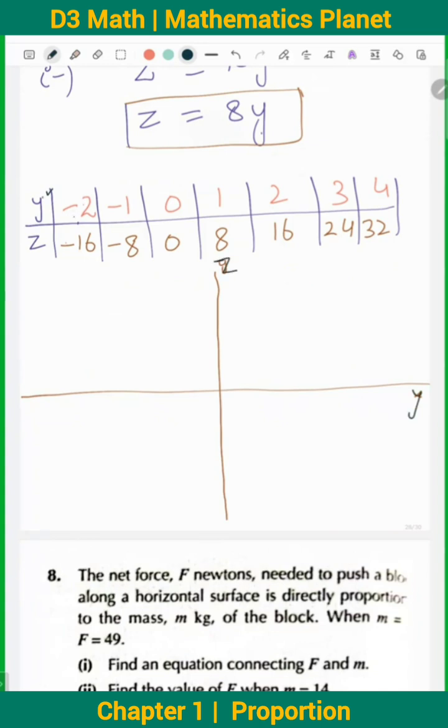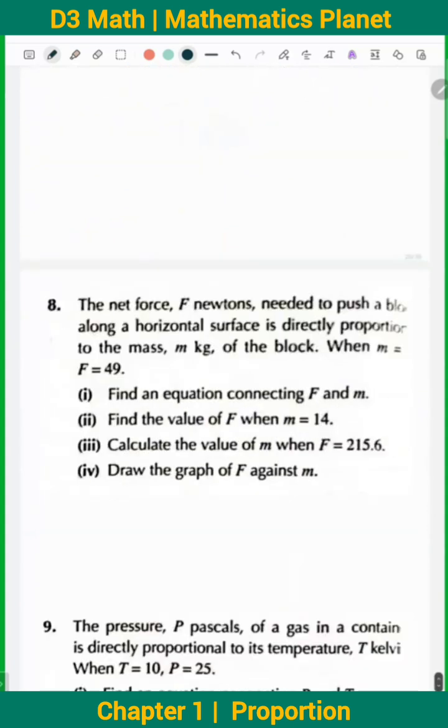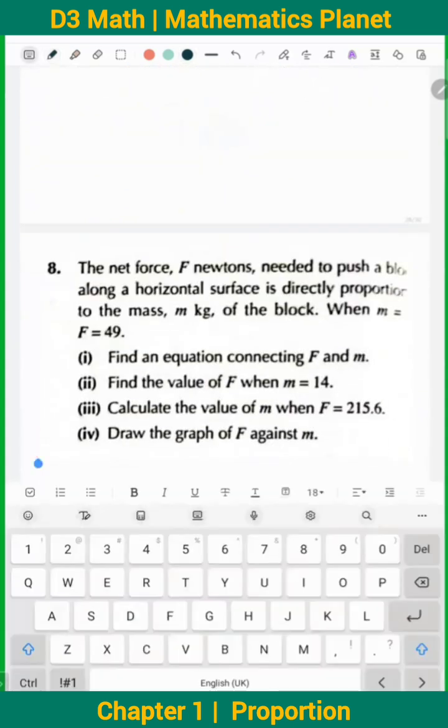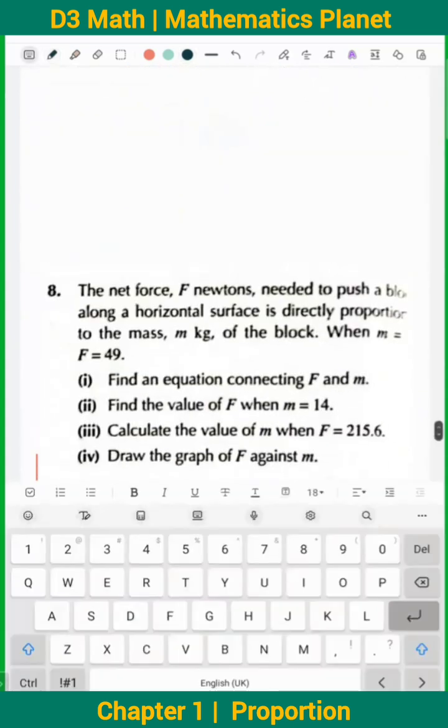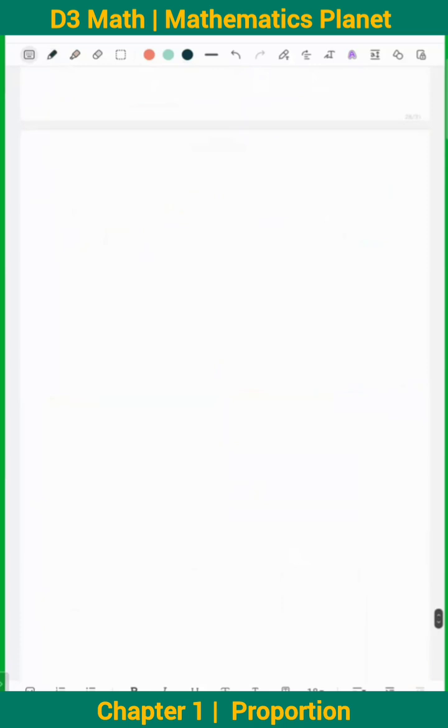Now plotting them, -1, -2. I think I should take the next page to plot the graph. Okay. Now we have a lot of space.